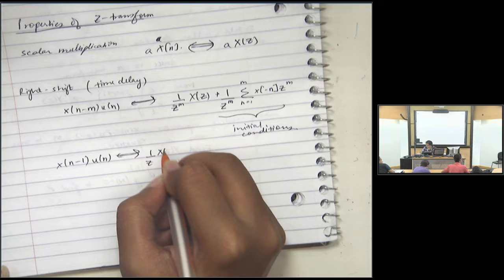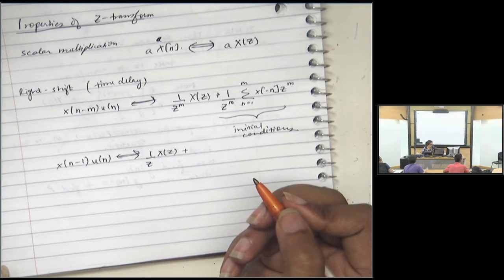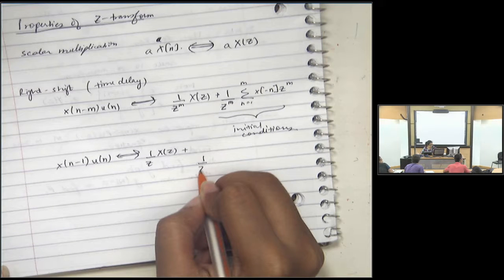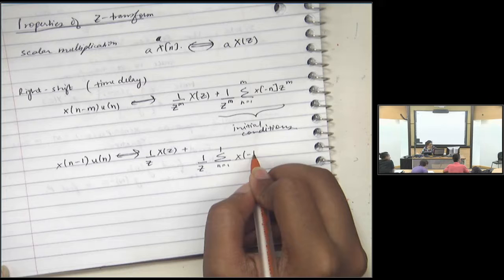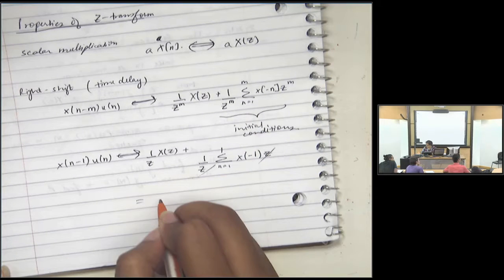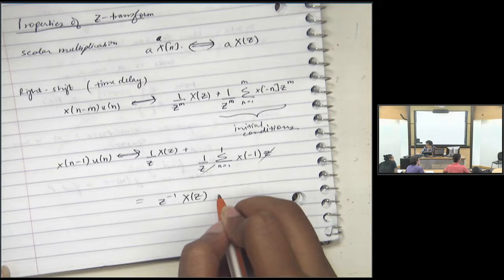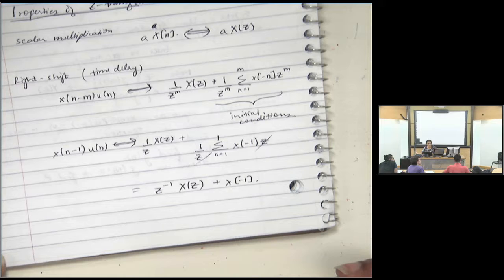It is 1 over z times X of z plus 1 over z times the summation n equal to 1 to 1 of x of minus n z to the n. Because n is just from 1 to 1, this z and this z cancel, and you get z raised to minus 1 times X of z plus x of minus 1.